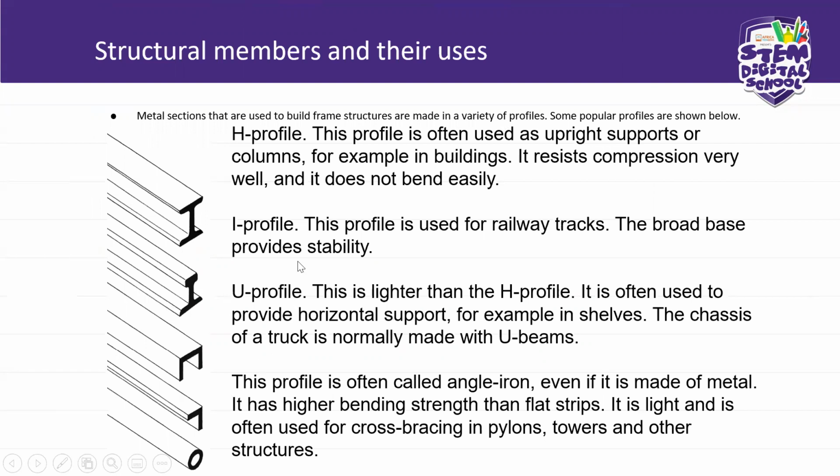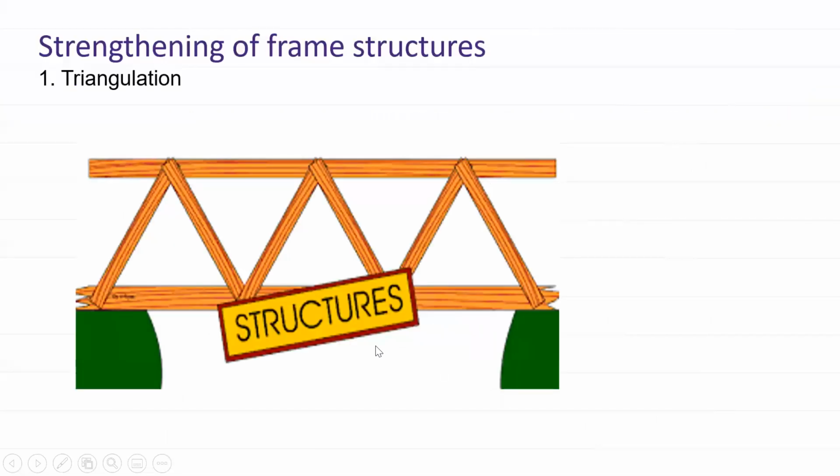Then you have to remember the properties of the structural members. This structural member, what is its property? How can I use it, so that if in your assessment you are asked to pick a certain structural member for a certain structural position, you will know why you are choosing it. Okay. Any questions, grade 7?